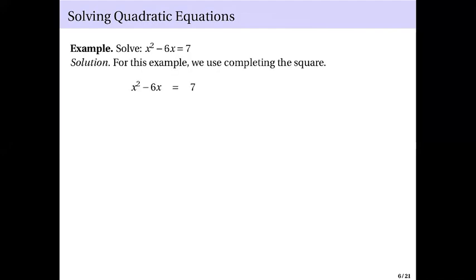And for the latter examples that I have prepared, I will not include the solutions in the lecture videos. So in here, we have x squared minus 6x equals 7. What we're going to do is to use completing the square in solving this equation.